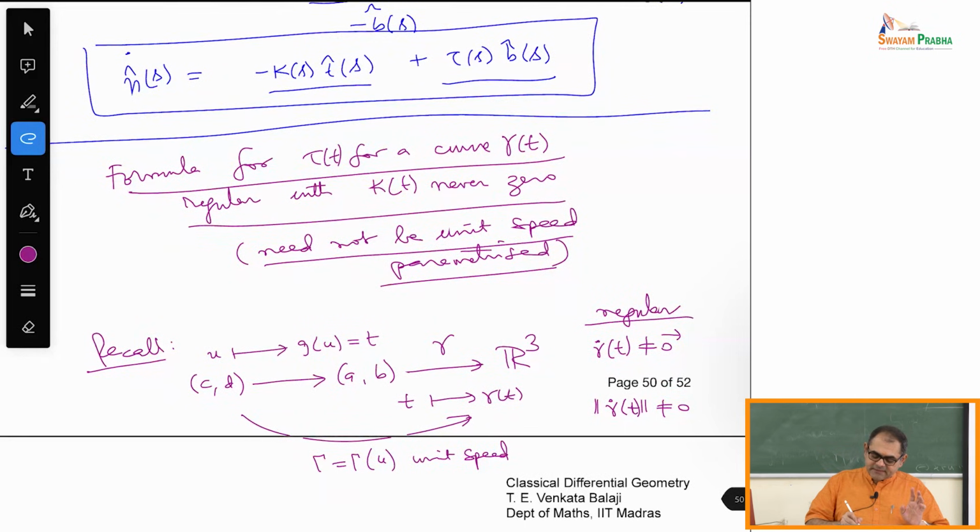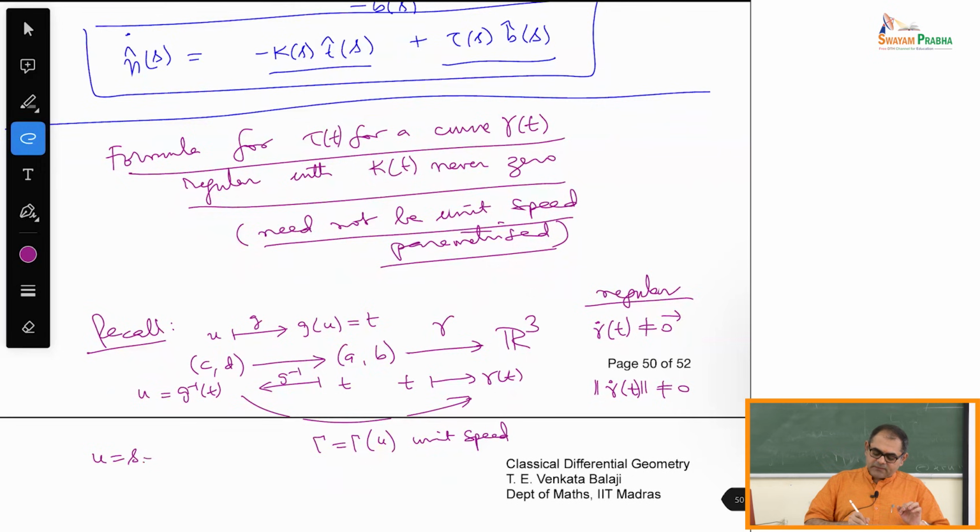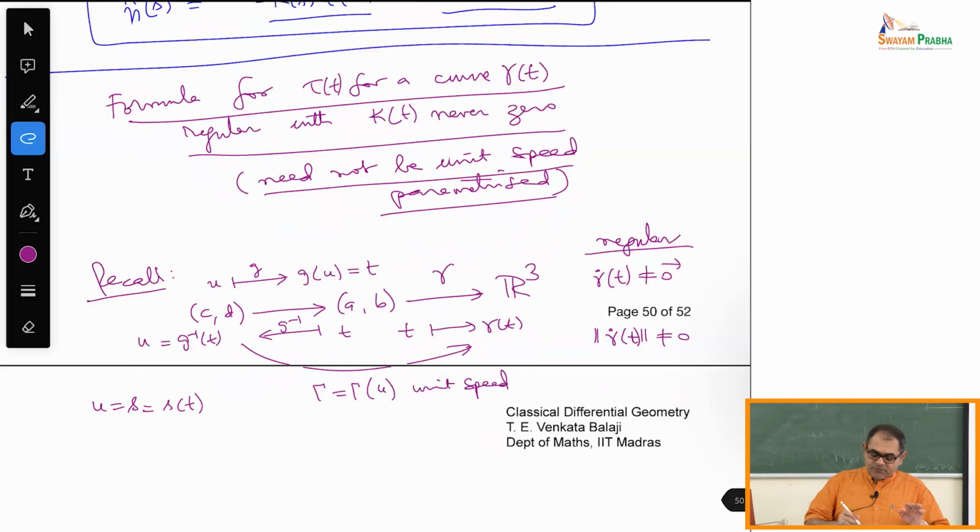Basically, g comes with this inverse, g inverse. The g inverse map will take t to g inverse of t, which is u, and this u is nothing but arc length s. So u is just s, which is s of t. And the point is, capital gamma of s of t is your small gamma of t. So this is the important thing.